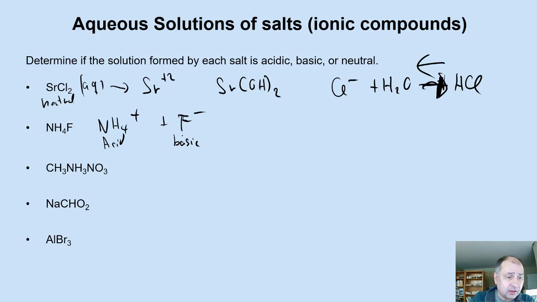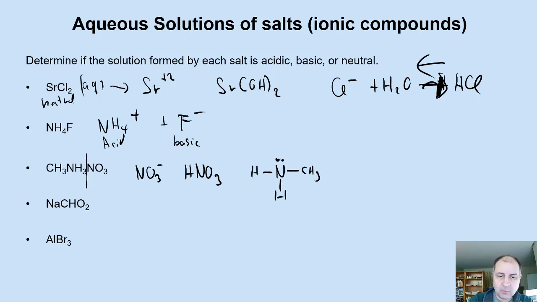This next one here is a little trickier, but you should recognize NO3 nitrate, and of course nitrate is neutral. NO3 would be the conjugate base of nitric acid, and nitric acid of course is a strong acid, but this methyl ammonium here is the conjugate acid of methylamine. I'll draw it out.